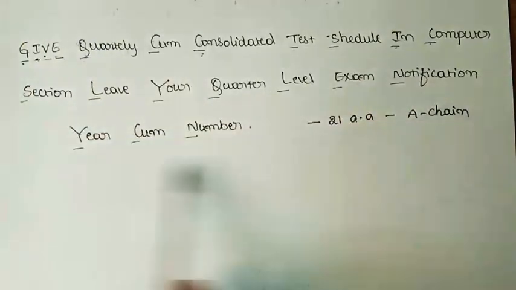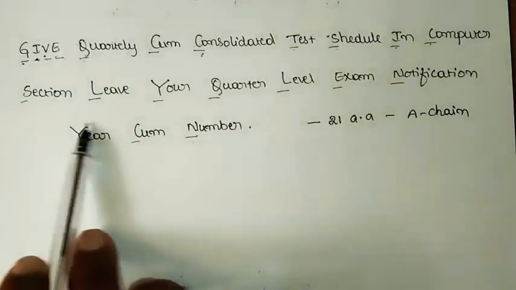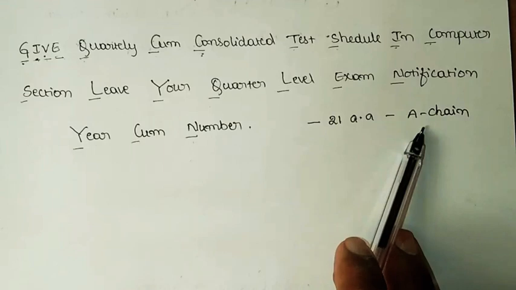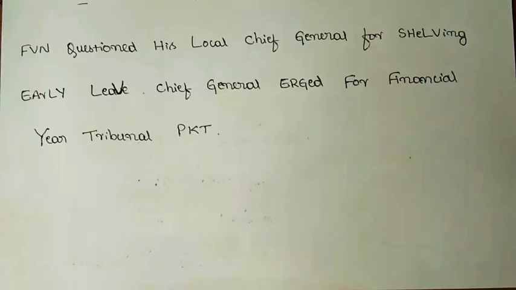So totally there are 21 amino acids present in the A chain of the insulin.